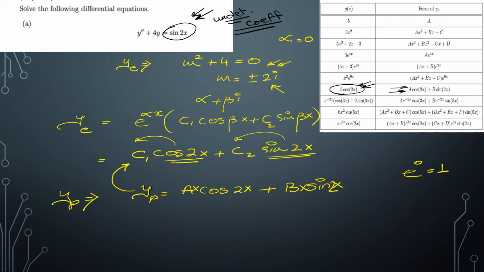So let's try to take the derivatives of these functions. Let me write here that our yc equals c1 cosine of 2x plus c2 sine of 2x, and now we are working on our yp. In order to write our yp, we have decided that we will write ax cosine of 2x plus bx sine of 2x.